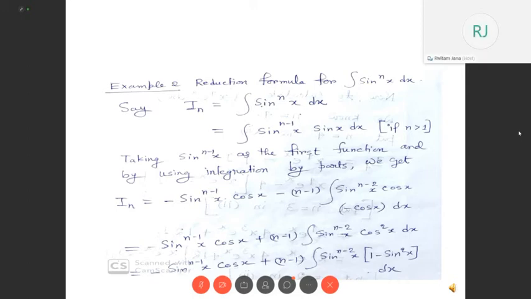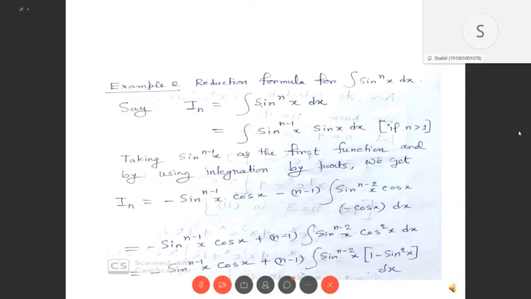Actually, n greater than 1 doesn't play a big role here. You just write the integral of sine to the power n x dx, because your motive is to calculate a reduction formula for it, so that you can calculate the value for n equals 0, 1, 2, 3, whatever it may be. For n equals 0 or n equals 1, you put that value in your main In, no problem.